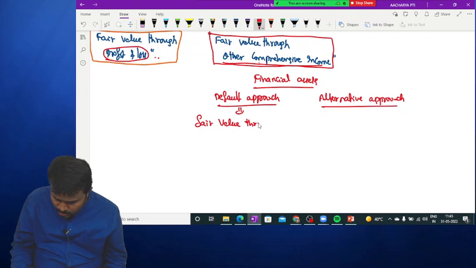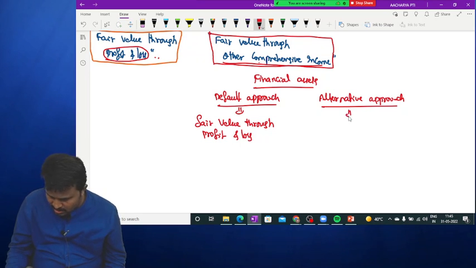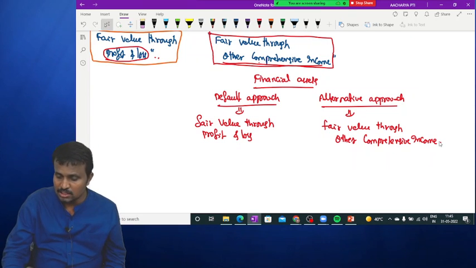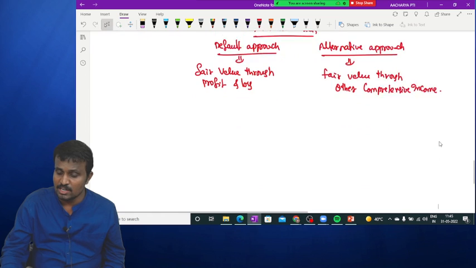Fair value through profit and loss, and this is called as what? Fair value through other comprehensive income. Clear, everyone?